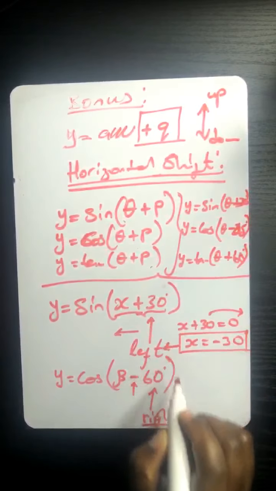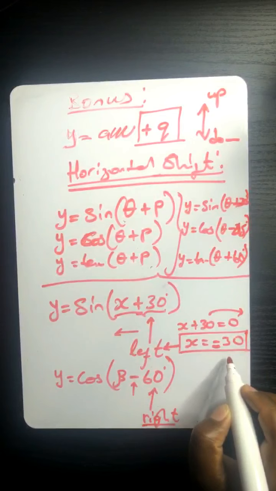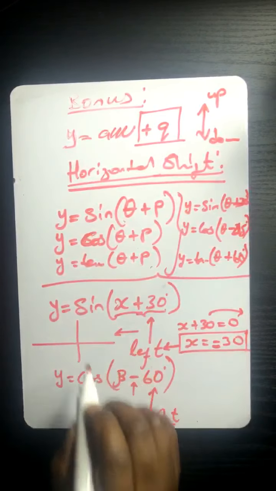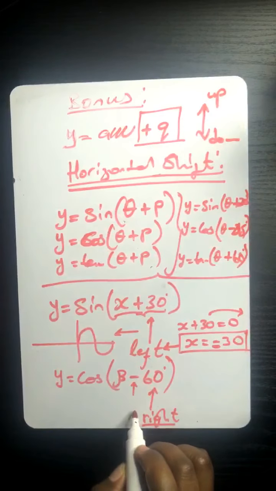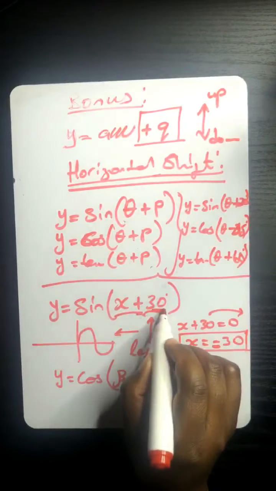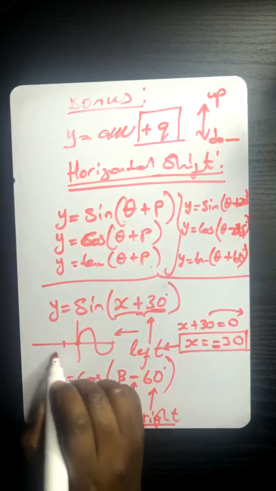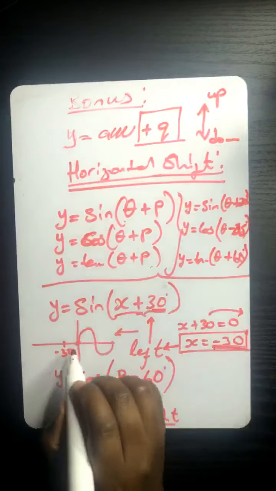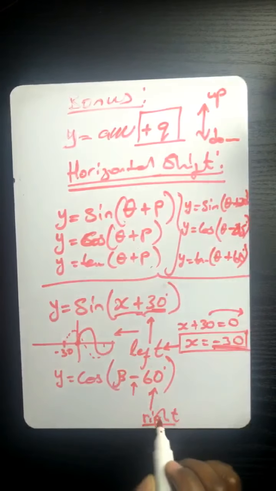So it moves to the negative side of the Cartesian plane. If it shifts by 30 units, it is no longer going to start at 0, but at negative 30.